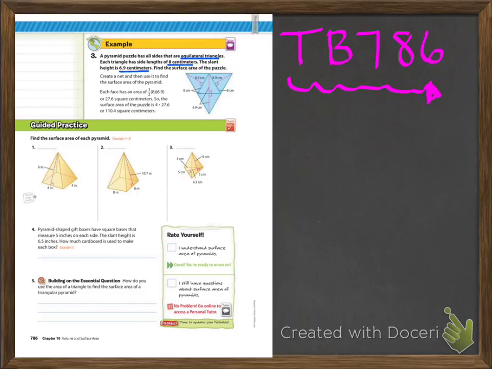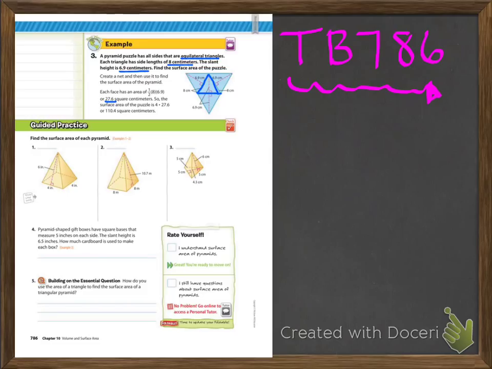You just have a bunch of triangles here, and what you really need to see is that you've got 1, 2, 3. Now your base here is going to be 8, 8, 8, since they said it was an equilateral triangle, and then you have a height of 6.9. When you plug it into the formula, you get 27.6 square centimeters.